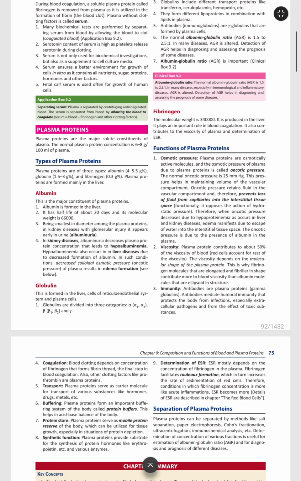Now the functions. From albumin we know osmotic pressure, it gives the oncotic pressure. Normal oncotic pressure is about 25 mm of Hg, and albumin maintains this. Fibrinogen gives viscosity, globulin gives transport and immunity, and fibrinogen gives coagulation.